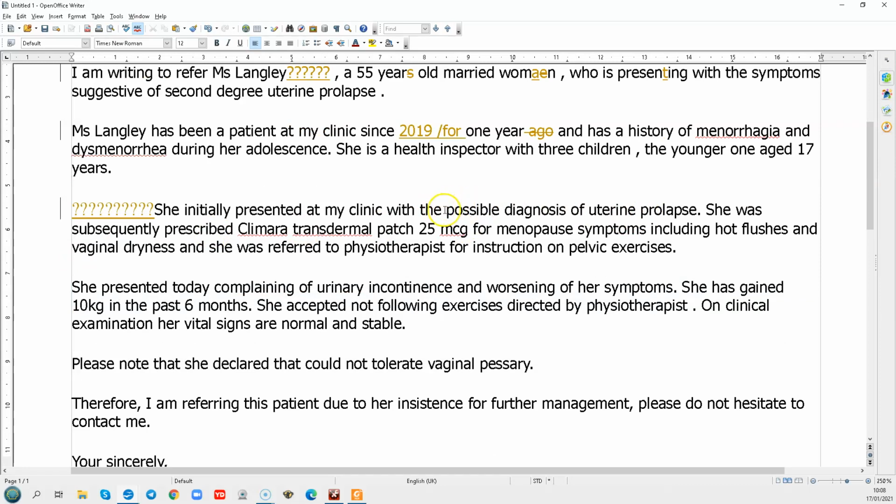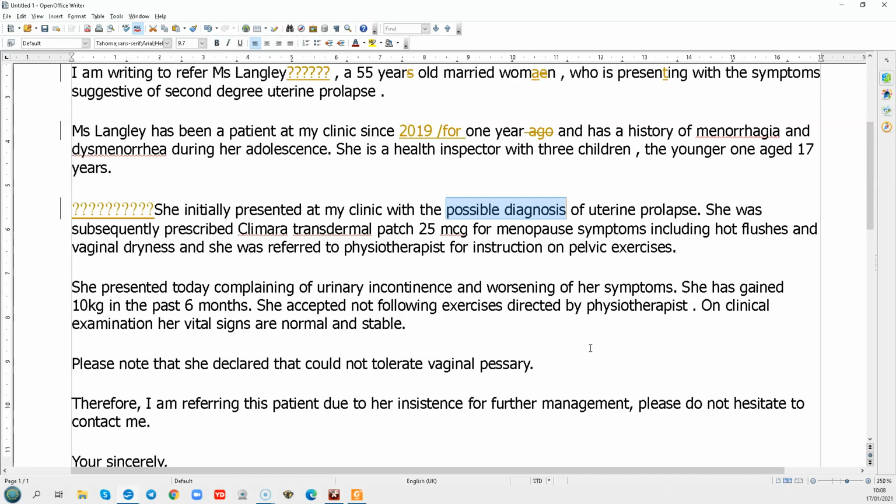Now, how can she present with a possible diagnosis? I mean, she's a health inspector, so did she diagnose herself? Surely you would be the one doing the diagnosis. So she initially, or on the 27th or the 18th or whichever date, Miss Langley presented complaining of, with a complaint of, or a history of, blah, blah, blah.